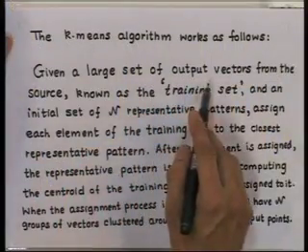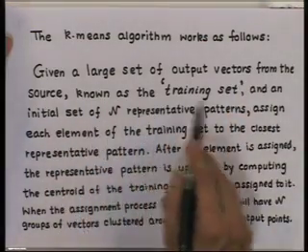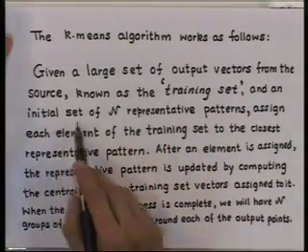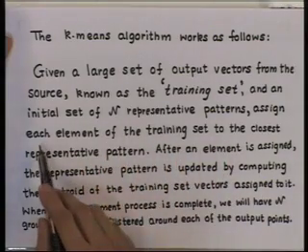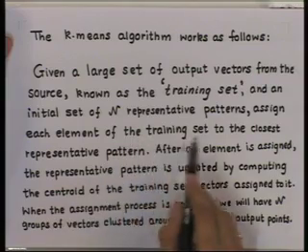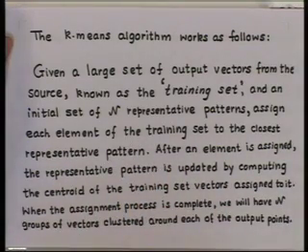The k-means algorithm works as follows: given a large set of output vectors from the source, known as the training set, and an initial set of n representative patterns, assign each element of the training set to the closest representative pattern.